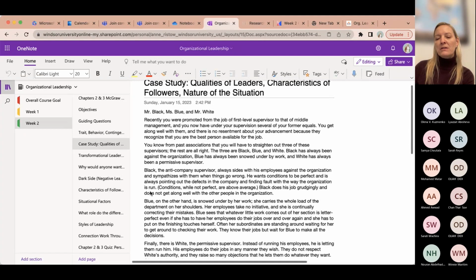But by really being well informed, and not just going off of what you've experienced with the person, but giving them something to connect their lack of success or success to, is really important in order for change to not just occur begrudgingly and then she becomes Mr. Black, the anti-company supervisor.